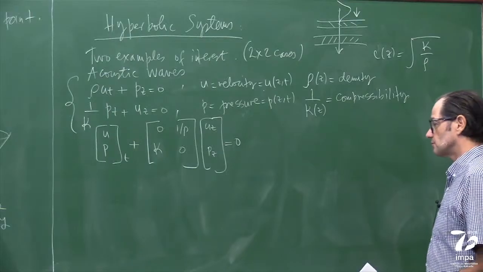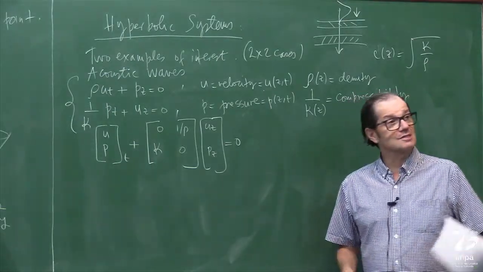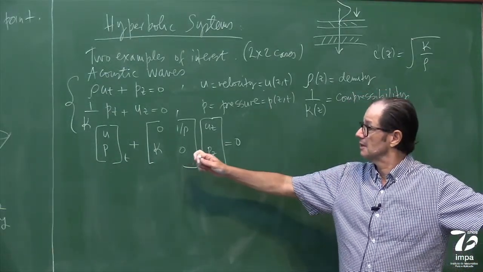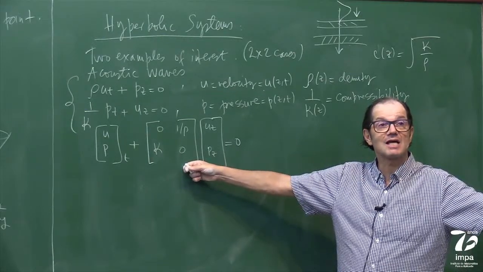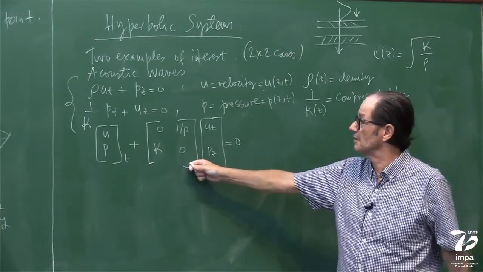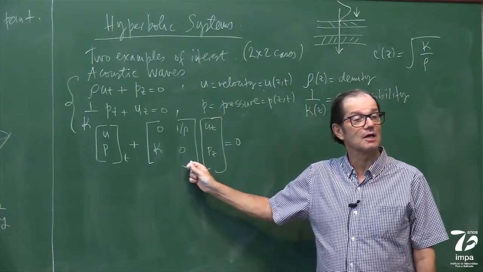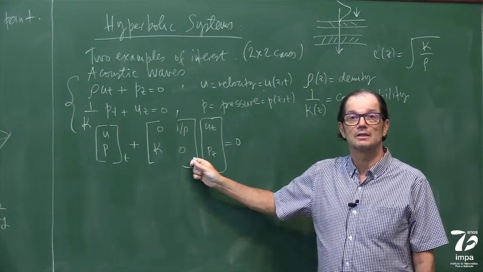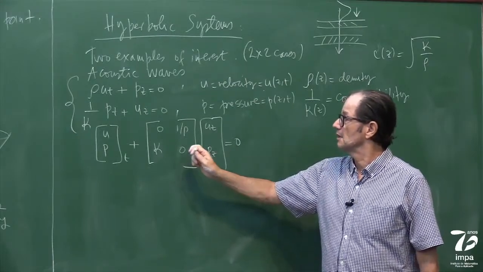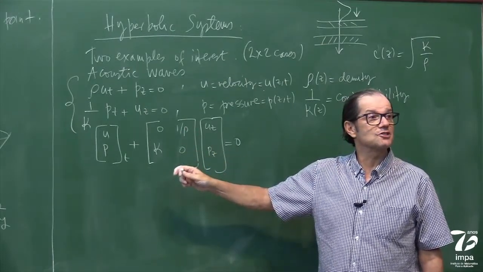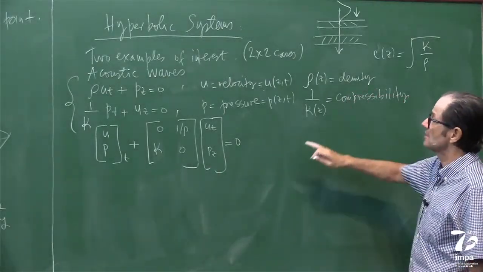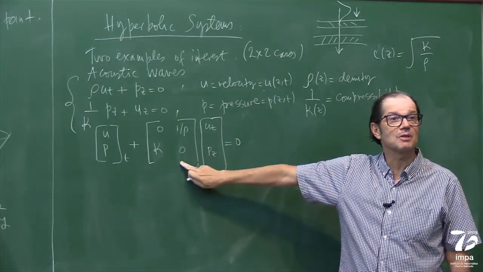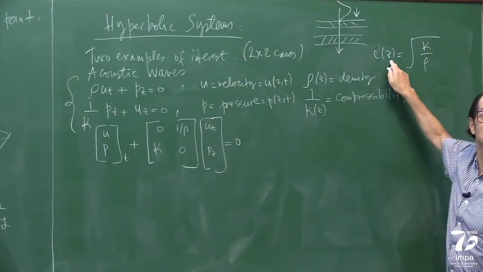Okay. Now, we're going to see that a system is hyperbolic if the eigenvalues of this matrix are real and the matrix is diagonalizable, which means the real eigenvalues are propagation speeds. And here the eigenvalues are easy to see. It's plus or minus this.